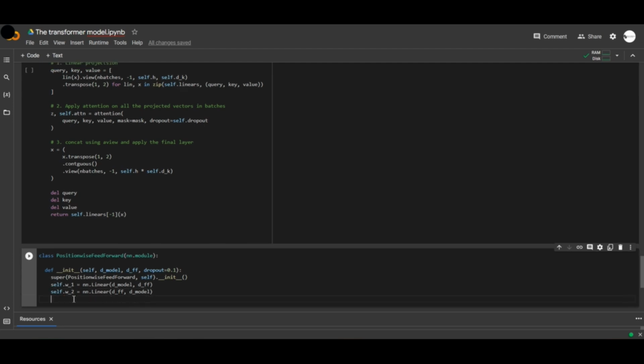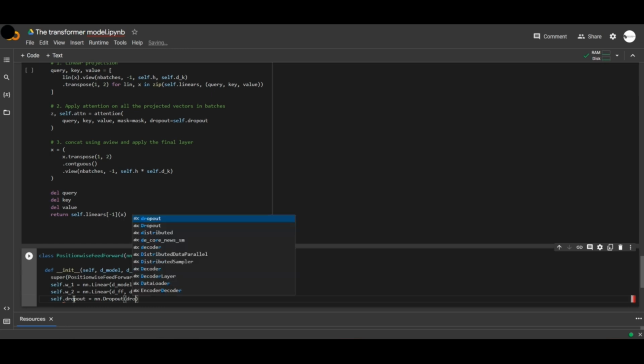Then we have the activation function, which we're going to apply in the forward pass. Now we can define the dropout, which is going to be nn dot Dropout, and we pass in the dropout here.